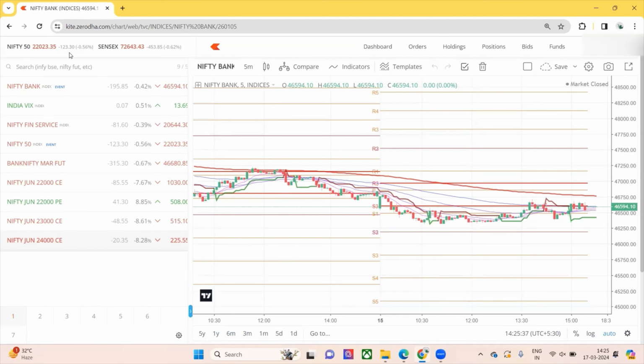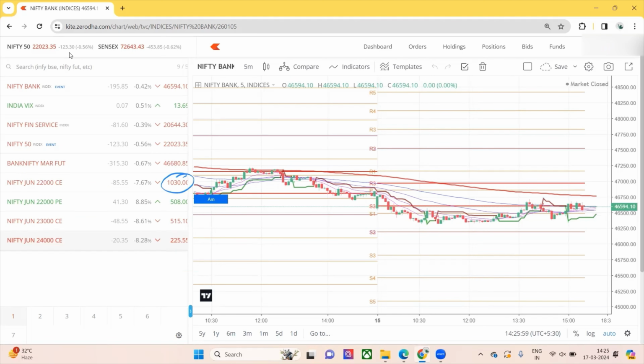So 1,030, that is what 22,000 CE is, and with a 1,000 point move, 23,000. Can you see exactly half? This is exactly half. So this is the situation I told you. If you go 1,000 points, here it is not exactly half, but this is the adjustment that you need to make. But here you can see and understand why I am buying.